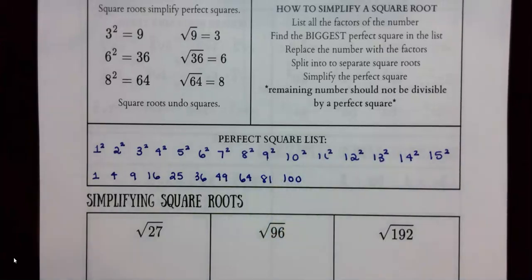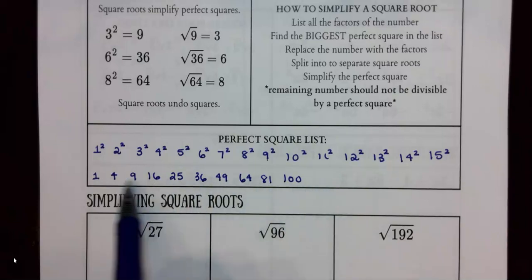I'm going to go ahead and add in the rest, but I just wanted you to know how we're getting these numbers. We're basically multiplying each one of these numbers by themselves. These are the numbers we're going to be looking for in our list to use to break them down.